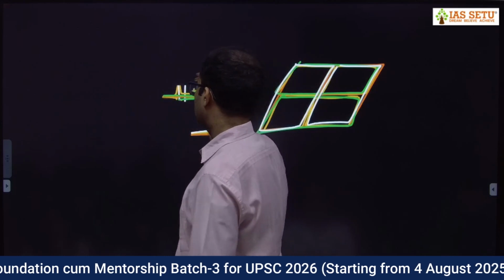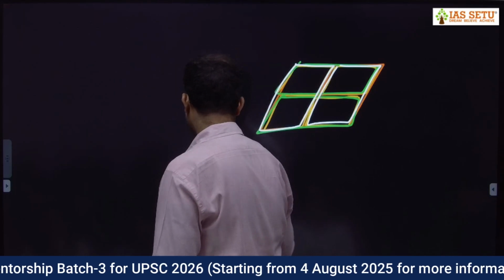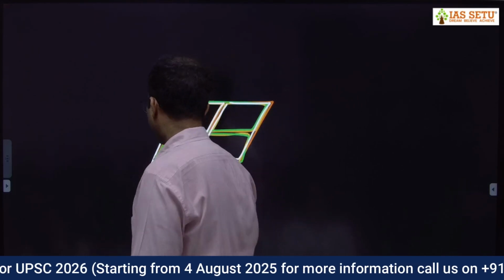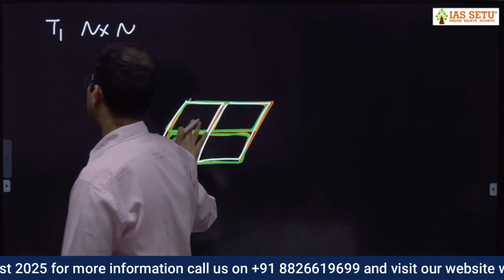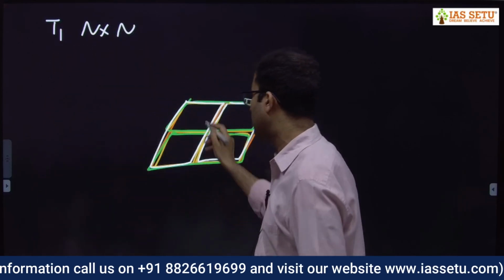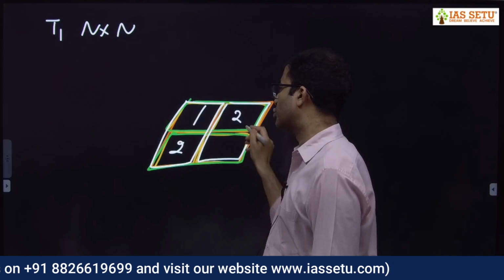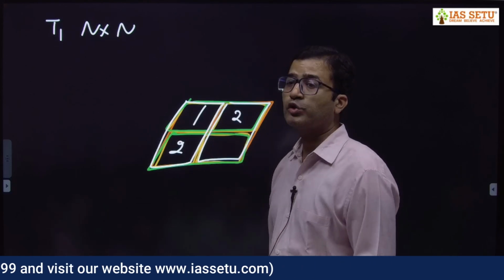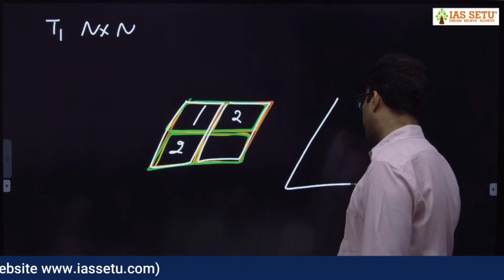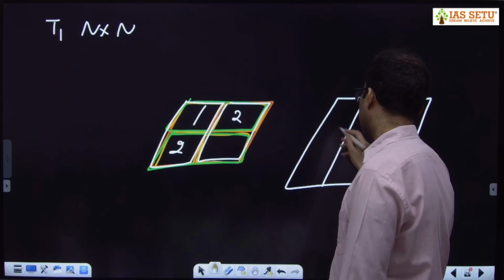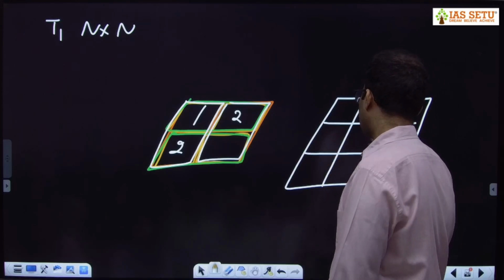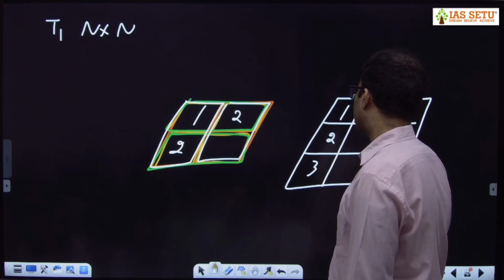In rectangles, type 1 question, when it is an n by n figure, here it will not be column and row, but the figure is n by n. You can call this figure 2 by 2, this figure 3 by 3. So we can have a 2 by 2 figure, 3 by 3 figure, 4 by 4 figure, 5 by 5 figure.